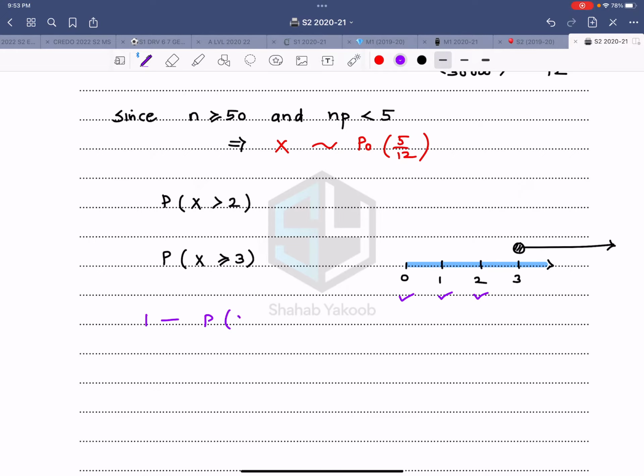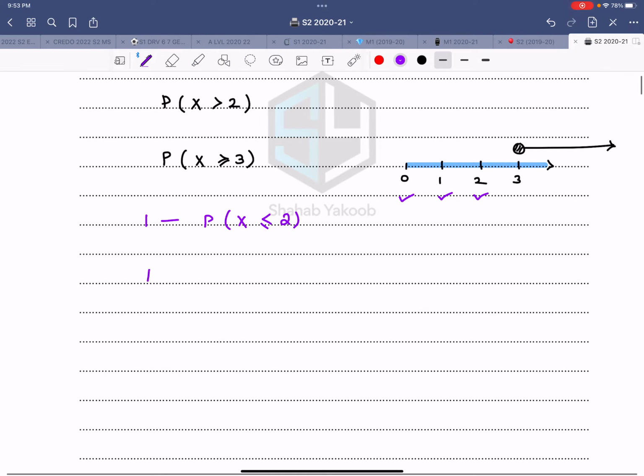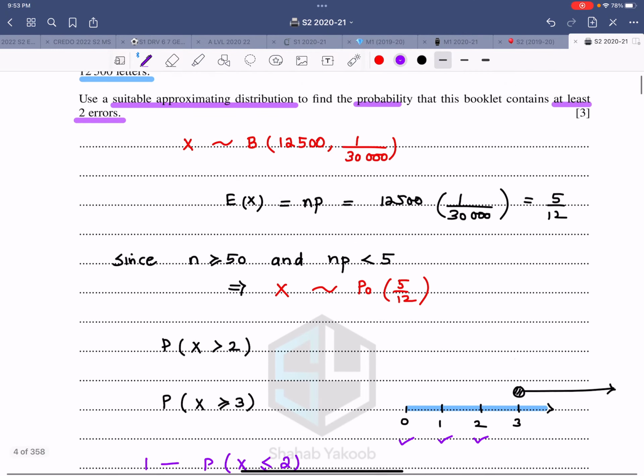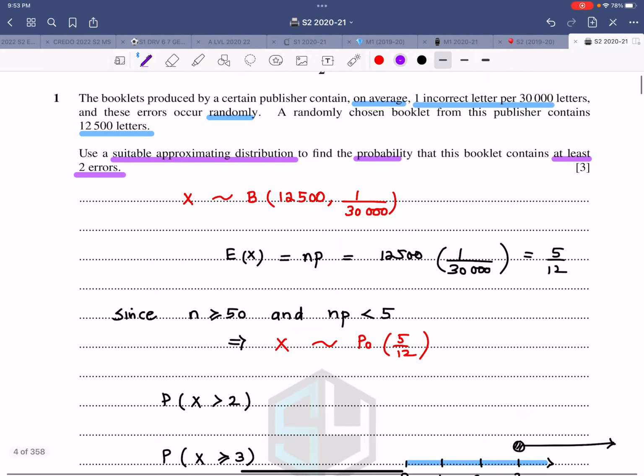So 1 minus probability of x is less than or equal to 2, which is 1 minus e raised to the power of minus lambda, 1 plus lambda plus lambda square over 2 factorial. You would be using a calculator and then you will get your desired answer. So question number 1 for 3 marks.